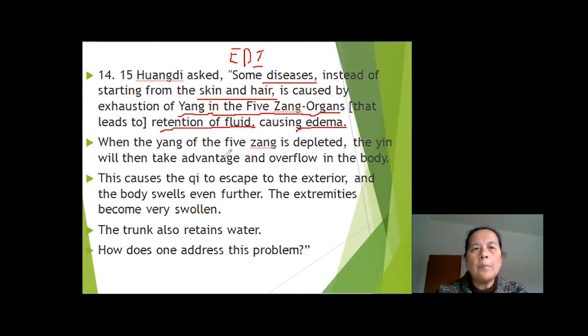In this kind of patient, the five Zang organs' 阳气 is severely deficient. Then the yin, meaning the water that belongs to yin, will flow all over the body.